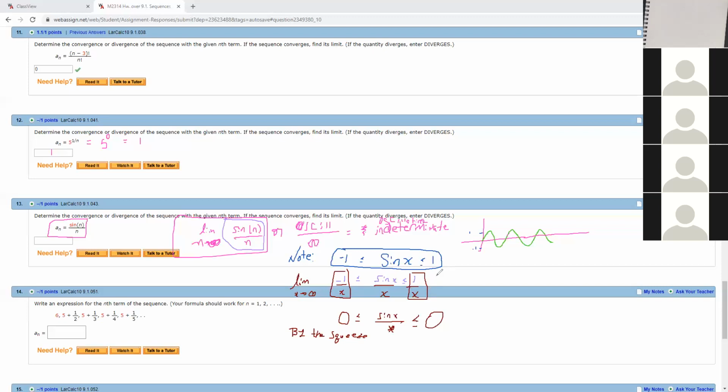Because this one's below, this one's above, and both of these are getting closer and closer to 0, and since this one's always in between or touching, then this one is forced to also get closer and closer to 0. So we do know that sine of x over x is converging to 0 as well.